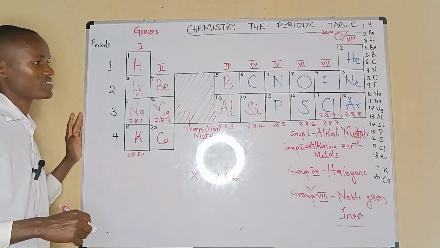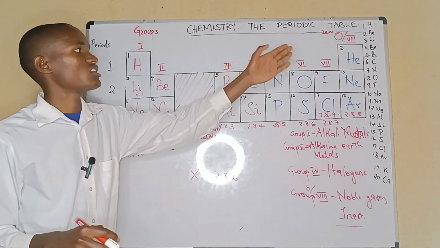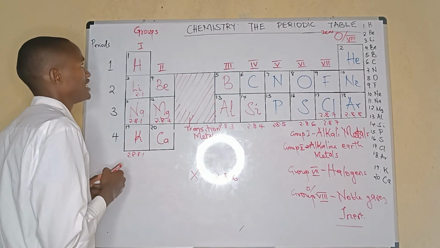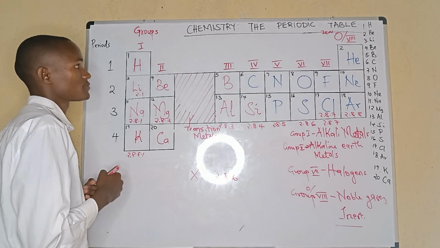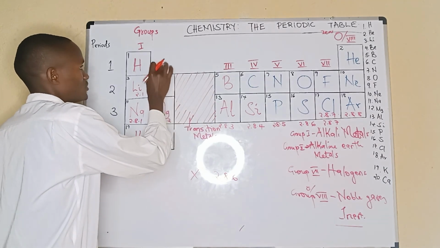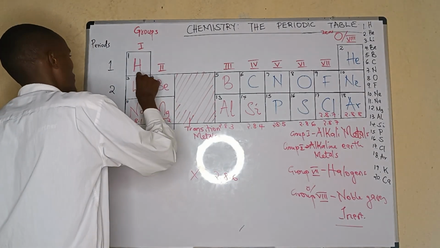Now, what about the groups? What does the group signify? When we talk of group 1, group 2, all the way to group 0 or group 8. You have hydrogen here. You want to see the relationship, and in this case, let us use period 2.